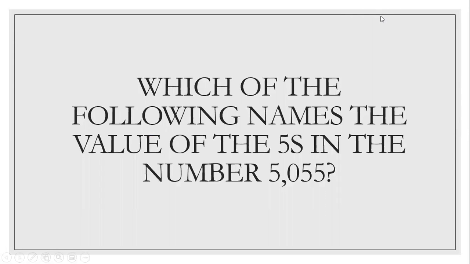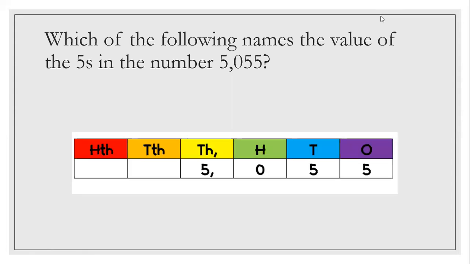Which of the following names the value of the 5s in the number 5,055? Again, if you notice what it said, what are the values of the 5s, which is plural, so that means we're going to look at all the 5s. Again, like Ms. Garza said, even in class we always built our place value chart, so we knew where the digits were.